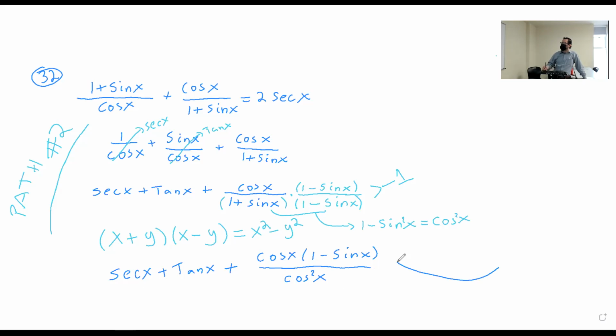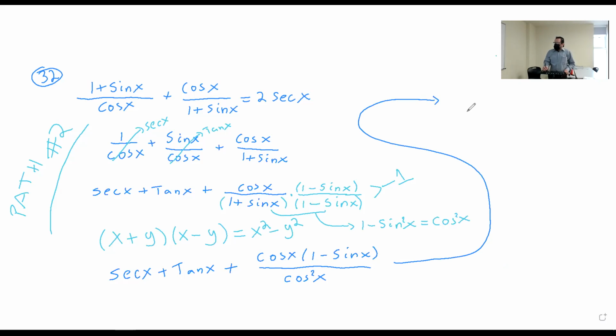Bring this over here. So this is going to be secant of x plus tangent of x plus cosine of x minus cosine of x sine of x, divided by cosine squared of x.